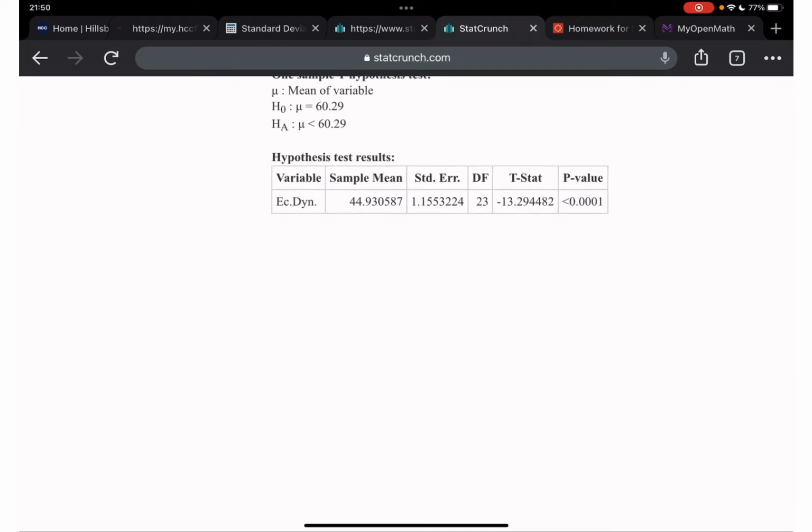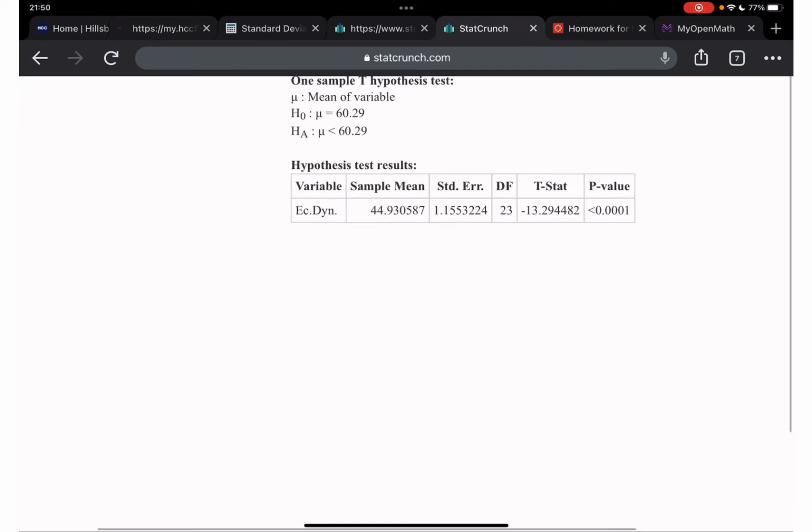There we go. Here we have everything we need: sample mean, and then t-statistic, and then p-value. So the sample mean in our case is going to be 44.9305, blah, blah, blah.